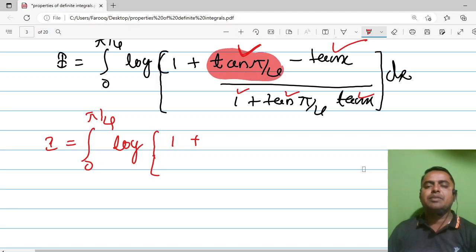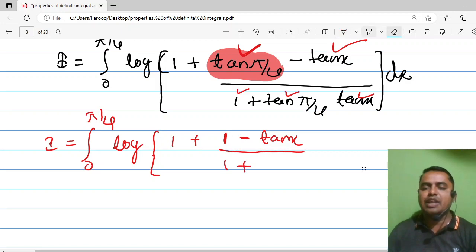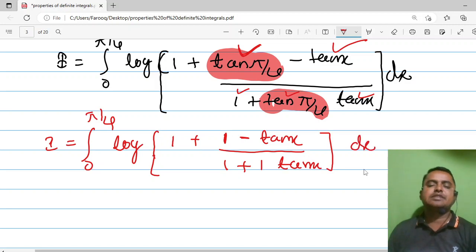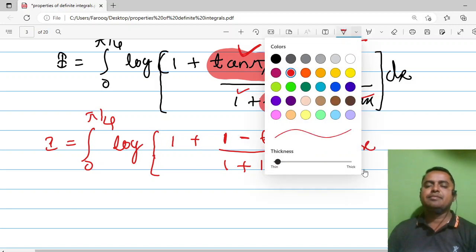I'm replacing the value of tan 5 by 4 by 1, so it is 1 minus tan x divided by 1 plus 1 into tan x dx.